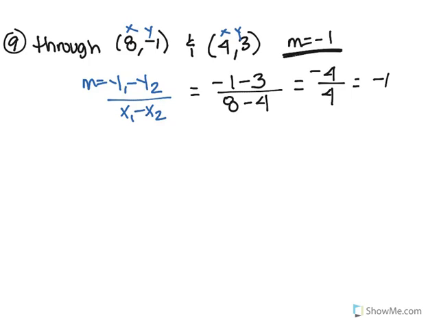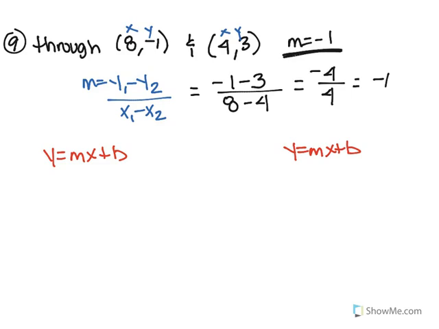Did I understand? So now we're getting ready to plug into y equals mx plus b. And because this is my first example, I'm going to show both. Now you don't have to, but I just want to prove a point that it does not matter which point you use.